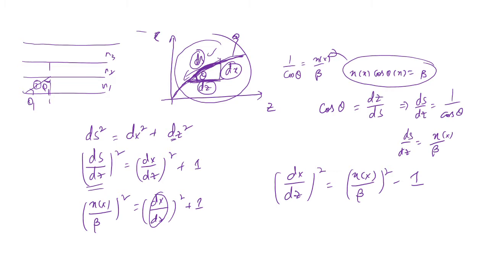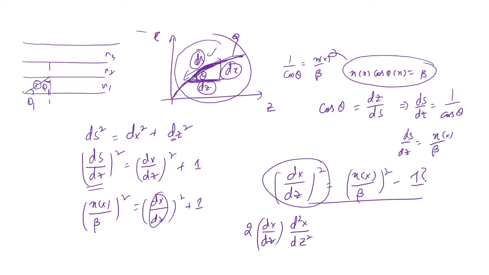You can also write the same equation in a slightly different fashion. To do that, we can differentiate this whole thing with respect to z again. If I differentiate with respect to z again, I would get 2 times dx by dz, and then I differentiate dx by dz again, so I'm writing d square x by dz square.